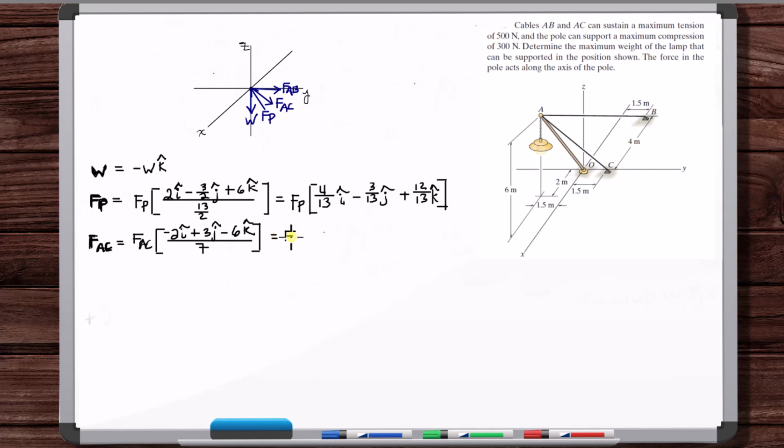So we're left with minus 2/7 I plus 3/7 J minus 6/7 K. All right.